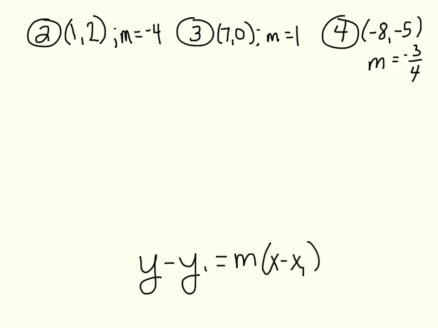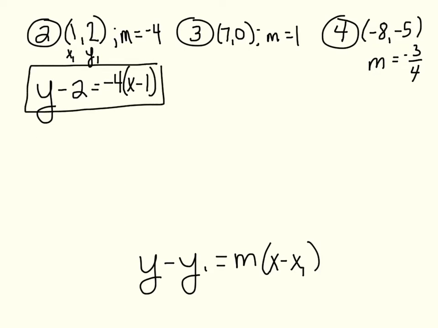All I start doing is plugging everything in. This is your x, this is your y, and your m is given. We are plugging in y minus, my y value is 2, equals m, which is my slope, times x minus 1, which is my x value. That is it.